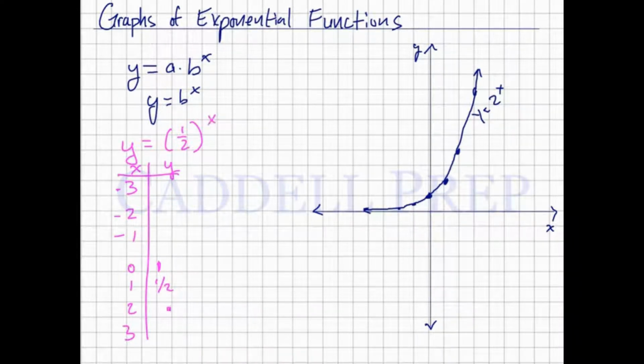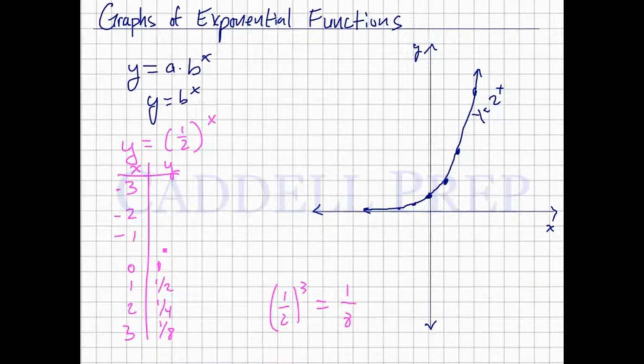1/2 to the second power is 1/4. 1/2 to the third power. Each of these gets raised to the third, and we end up with 1 cubed, which is 1, and 2 cubed, which is 8. So 1/8.